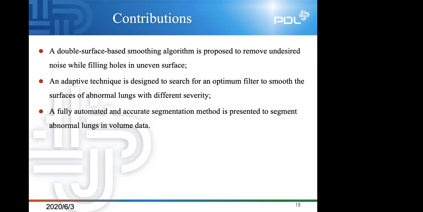Meanwhile, by comparing average HD between surfaces with adjacent sigma, our method can adaptively select an optimum smoothing field to refine the uneven areas, achieving accurate segmentation results. The experimental results show that our proposed method can improve the accuracy of lung segmentation and will be useful for developing computer-aided diagnosis systems for ILD.